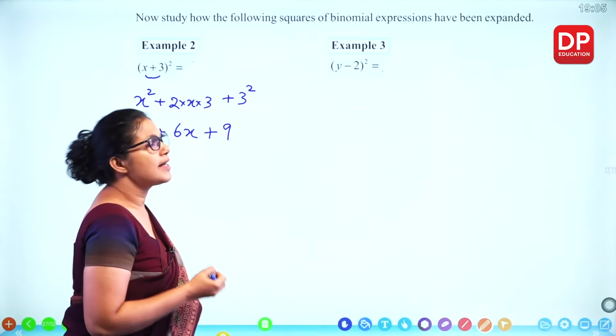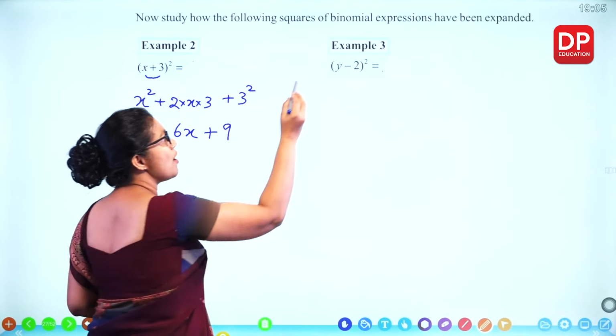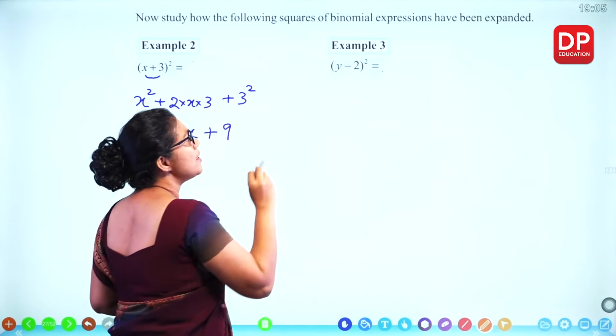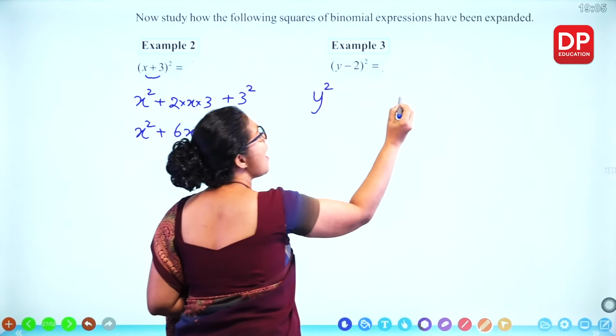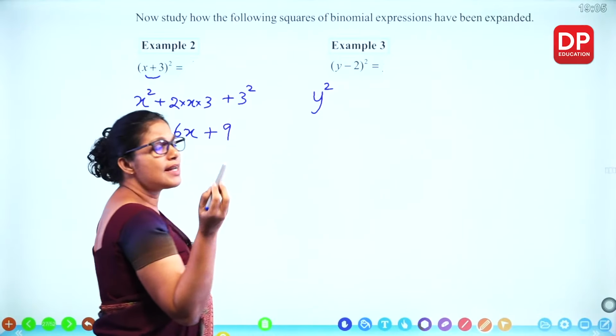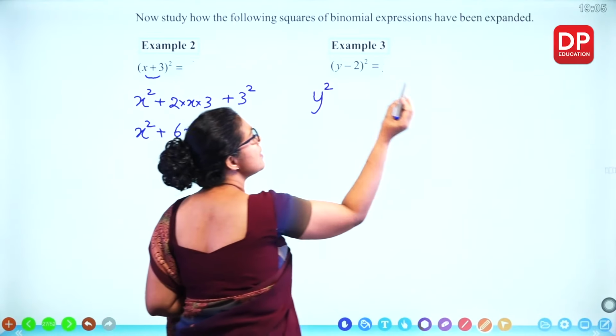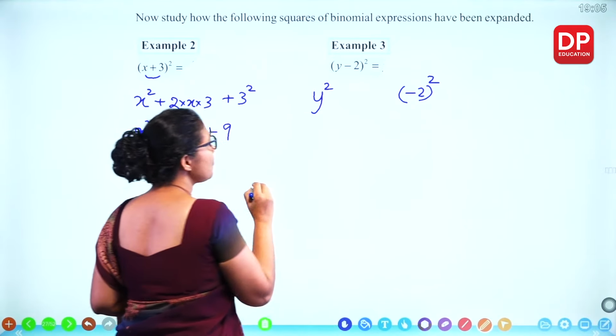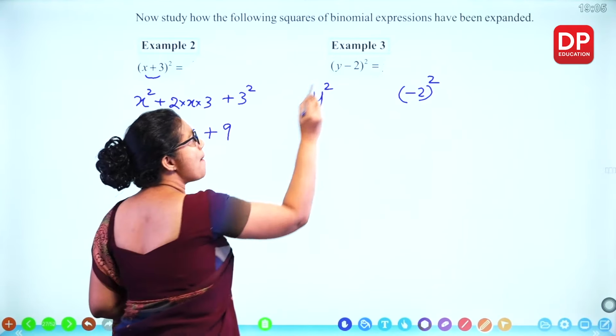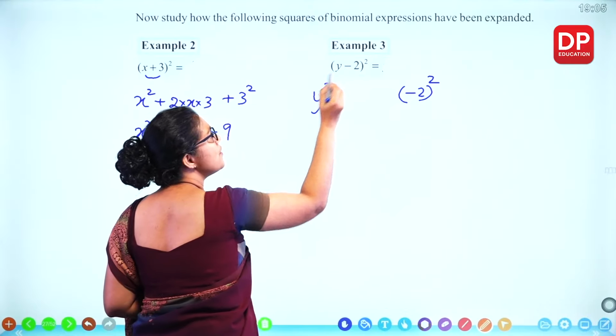Now look at this one again, same method. When you have 2 terms with a square term, use the pattern we found. First term squared, last term squared. So when you are taking the last term, you have to consider the minus 2 squared with the sign. And what's the middle term? Middle term is double of these two.